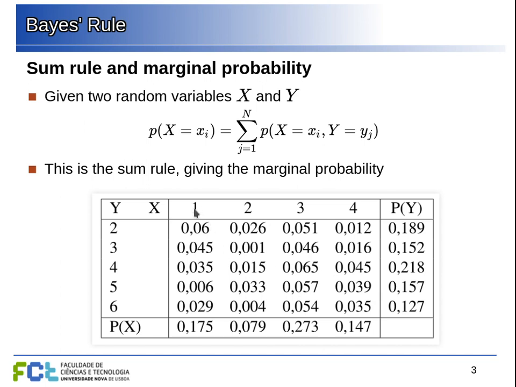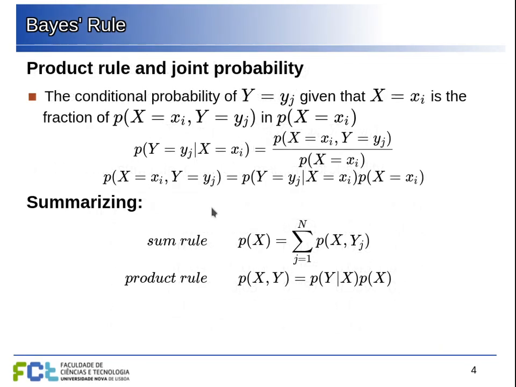If we know from the start that x is 1, we are restricting ourselves to this column here. So actually the probability of y being 4 is this 0.035 in proportion to the sum of values in this column. That is, to the probability of x being 1. So this is the conditional probability.